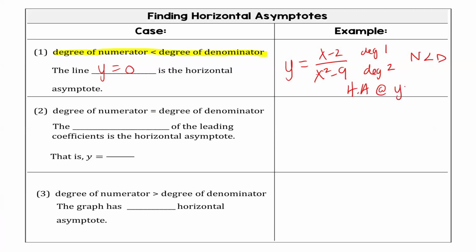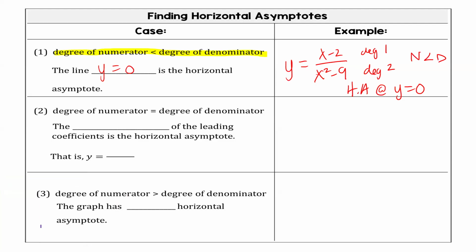Does that make sense? It's always like that. As long as the numerator degree is less than your denominator degree, it's going to be y equals 0. Got it? If it's more than 1 degree of separation, that's where you'll possibly have those crossings in the horizontal asymptote.